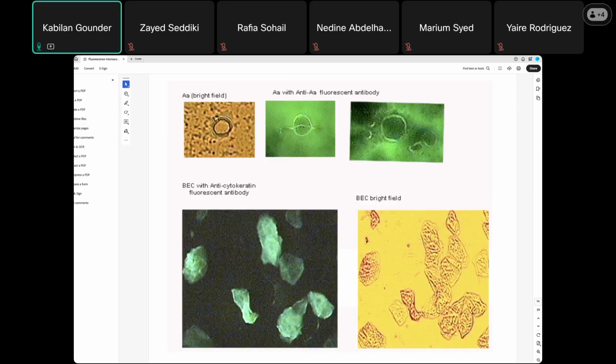Here we used a similar method: we collected the buccal epithelial cells, but instead of anti-cytokeratin we used AAE antibody. This is a bright field microscope image. The AA cells look like a donut.